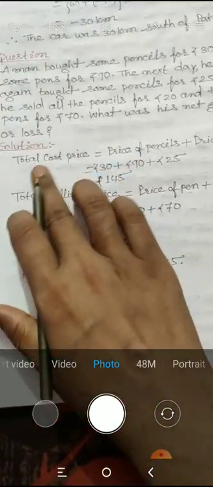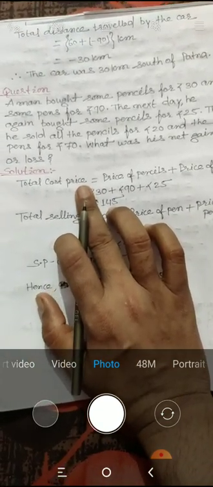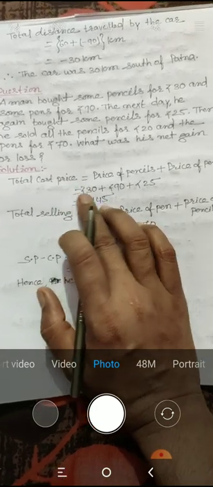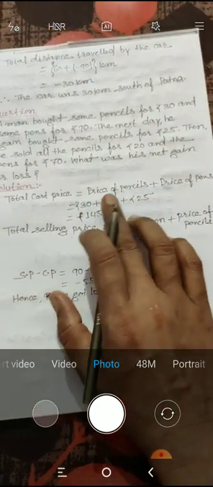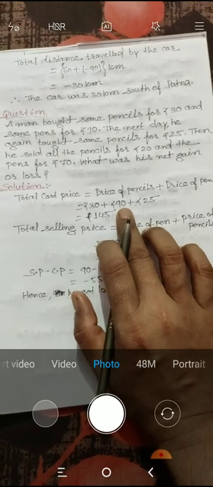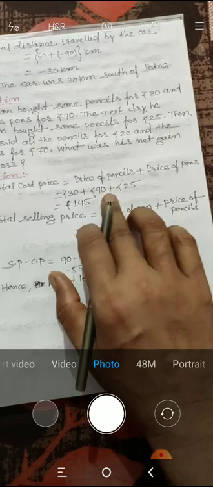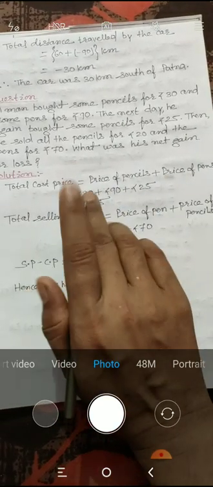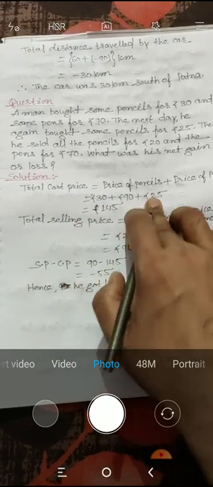So here I have written total cost price, means the cost price of all the articles he bought in 2 days. He bought pencils and pens on both days, so the cost prices are 30 rupees, 90 rupees and 25 rupees.